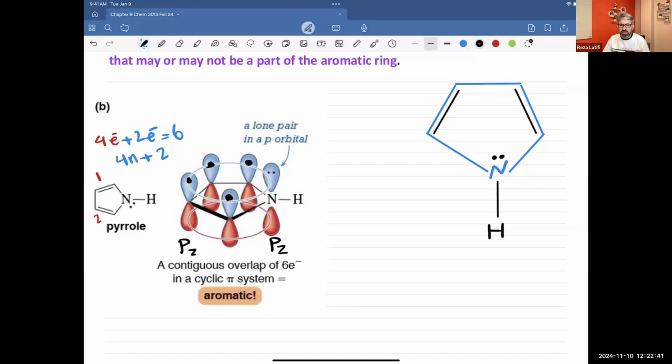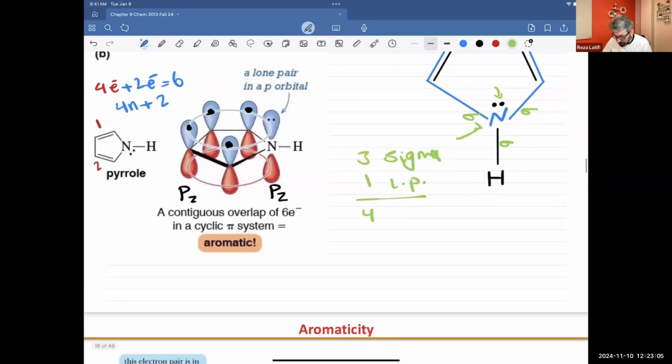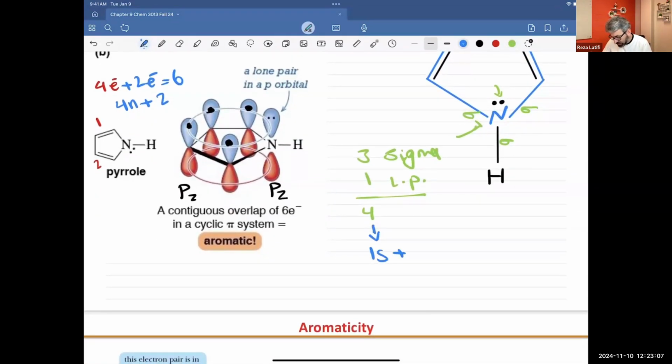And you might say, wait a minute, the hybridization of nitrogen is something else. So how come we are dealing with pz? Let's tackle that one. Nitrogen, if you look at it, has 3 sigma bonds and 1 lone pair. So 3 sigma plus 1 lone pair, I get 4 pairs. Hybridization is supposed to be 1 from s, 3 from p.